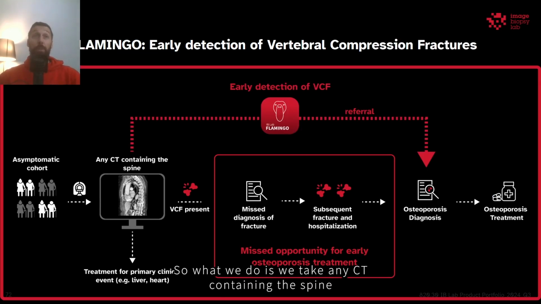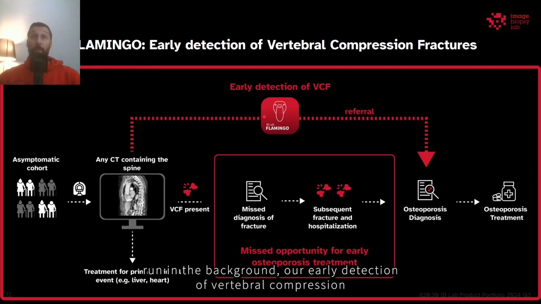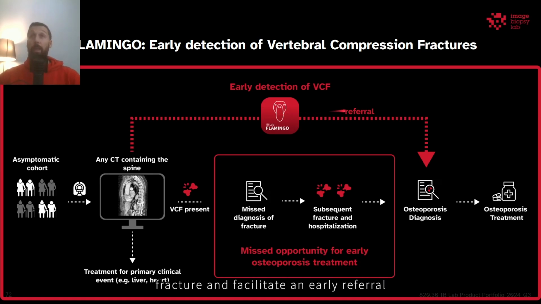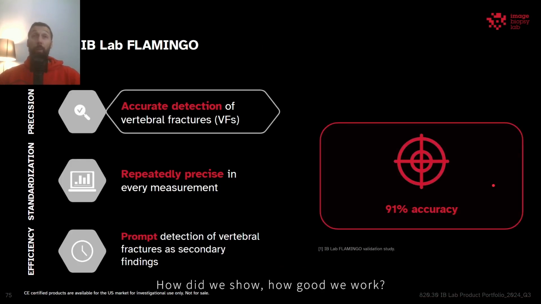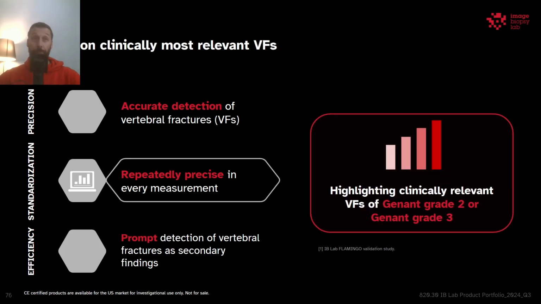So what we do is we take any CT containing the spine, run in the background our early detection of vertebral compression fracture, and facilitate an early referral to the osteoporosis diagnosis and treatment pathway. How did we show how good we work? In a European study, we found 91% accuracy, meaning we detect a large amount of the patients in any kind of CT containing the spine.